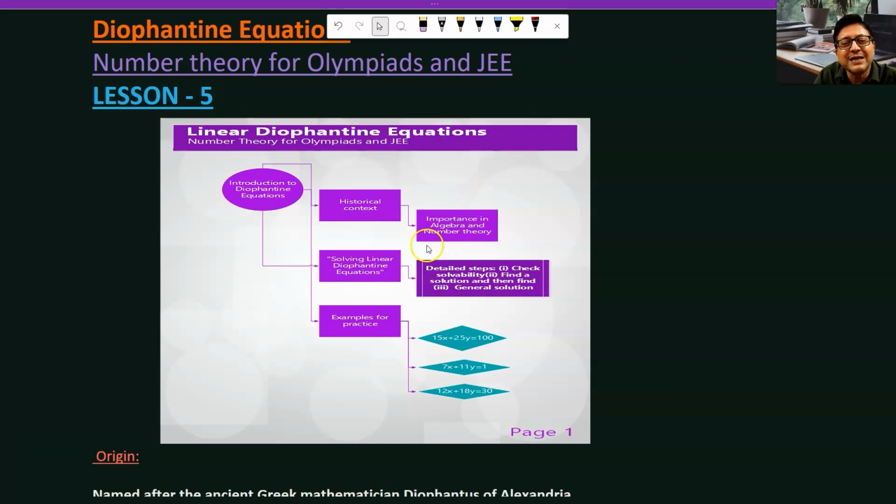Its importance in algebra and number theory, just to solve equations. Then, when you are solving a linear Diophantine equation, you need to follow some detailed steps. First, check solvability, find a solution, and then find the general solution. I'll explain all these. And these three sums I kept ready for you to practice at home.